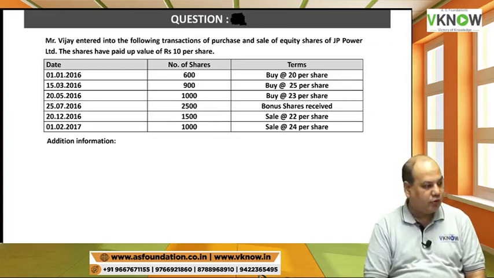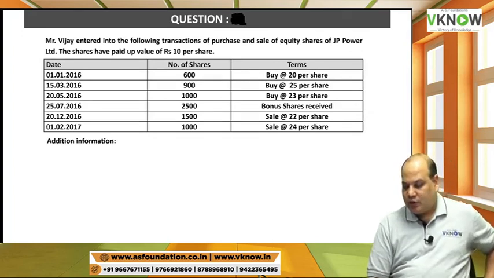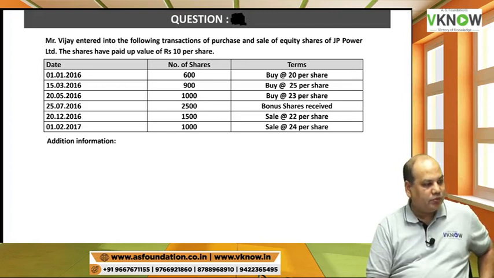Number of shares column, write down 600, 900, 1000, 2500, 1500, 1000. Terms, write down. Buy at rupees 20 per share.